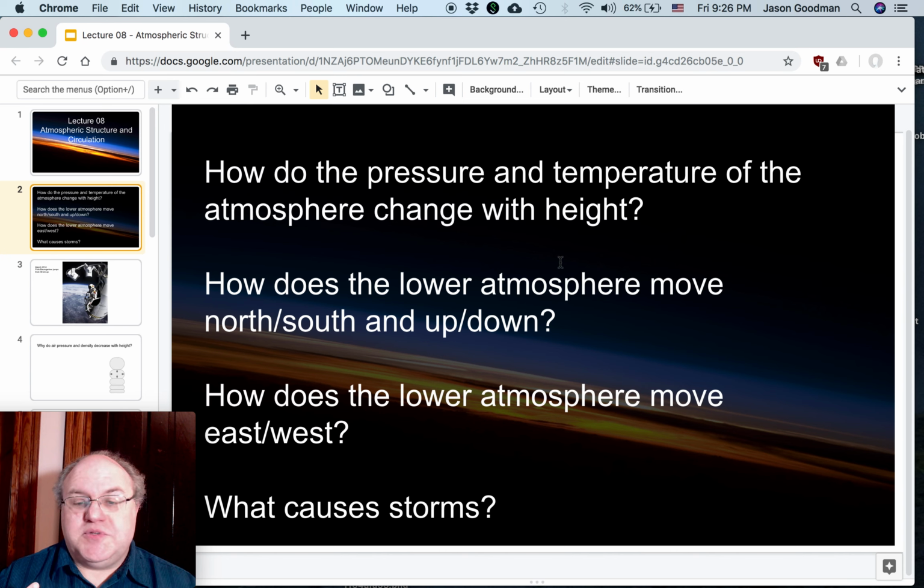Also want to know how the atmosphere moves, and I'm focused particularly on the lower parts of the atmosphere, which is where we live. We're going to focus on both north-south motions, up-down motions, and separately what causes the atmosphere to have winds blowing from east to west and west to east. And then the overall general question of what causes storms and where do those come from.